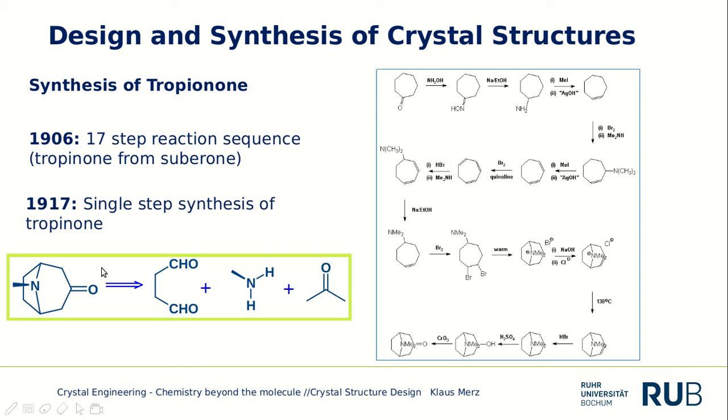And it's really possible if you break here, and you break this unit here, or exclude this unit, and last but not least this unit here. And then you can obtain the desired product directly in a one-step synthesis. This is the retrosynthetic approach.